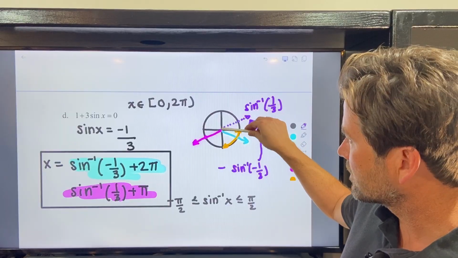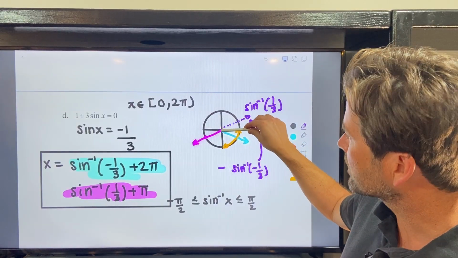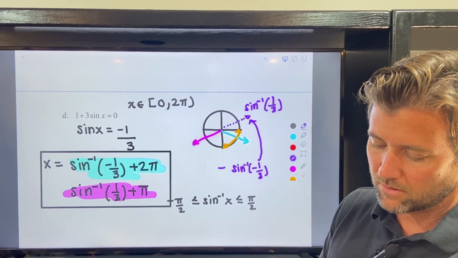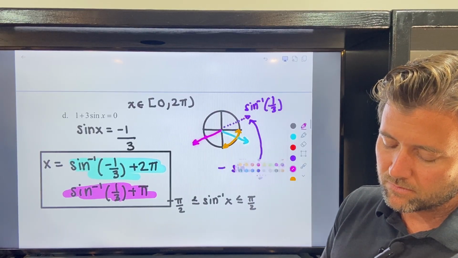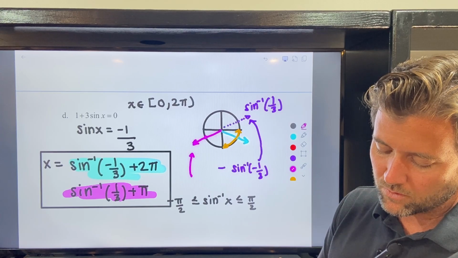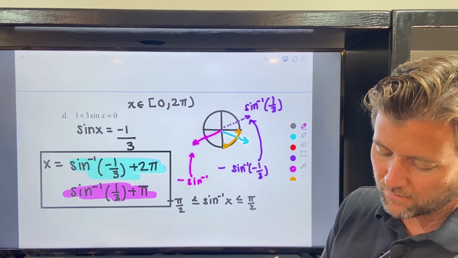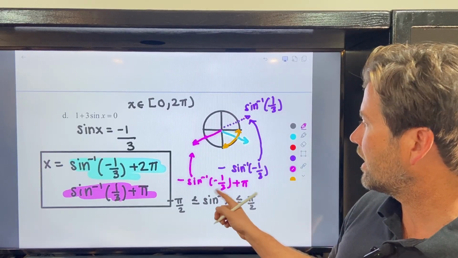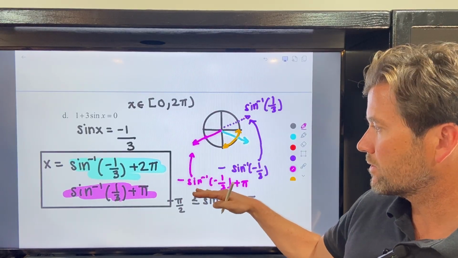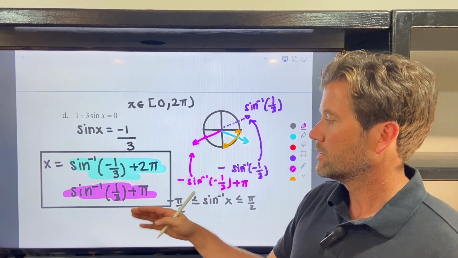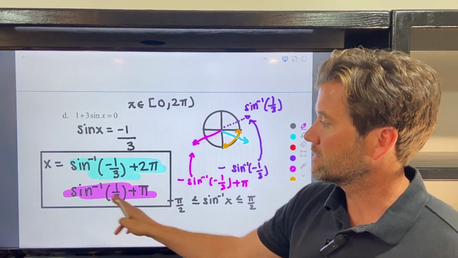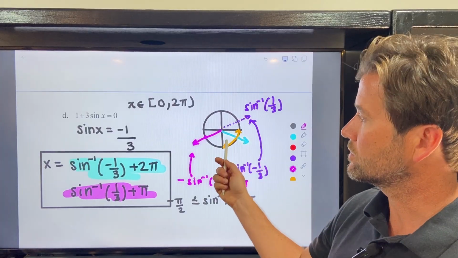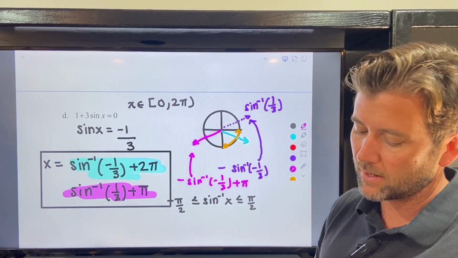So instead of going whoop, that way, clockwise, we're going to go counterclockwise. And then we have to add pi to this. So negative arc sine of negative 1/3 plus pi could be another answer, or another way of writing this angle here if you want to. It's your choice. But there's only 2 solutions between 0 and 2 pi.